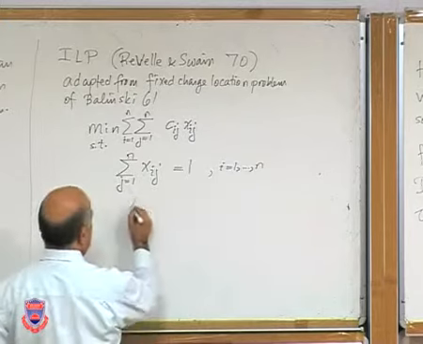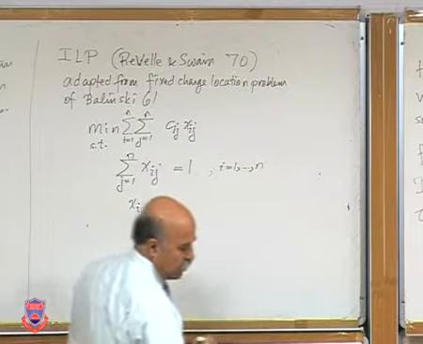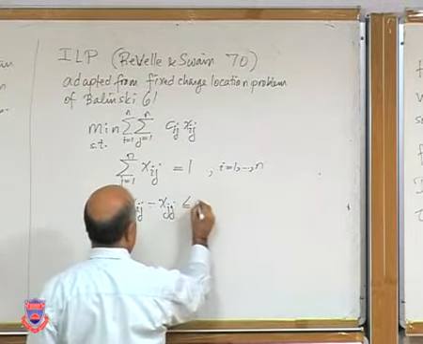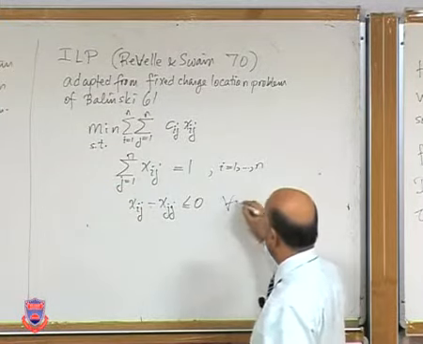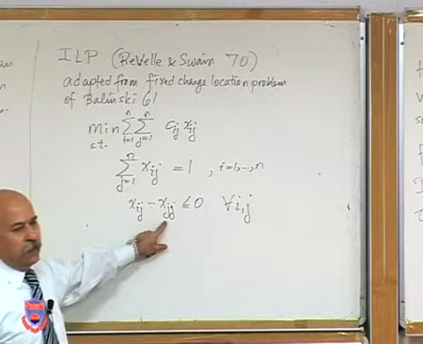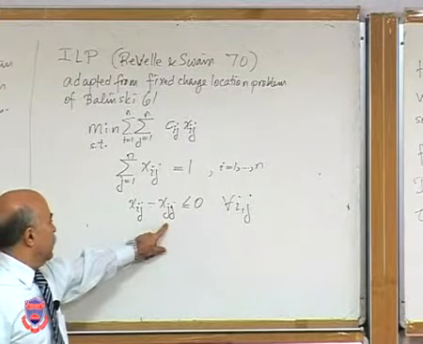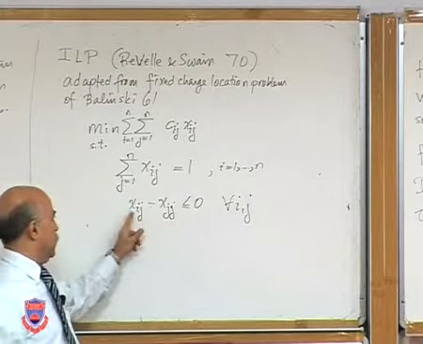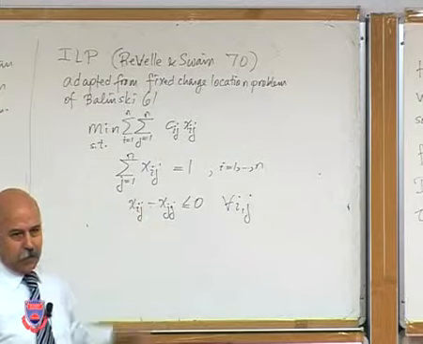And you also have Xij less than or equal to Xjj for each ij pair. Now, Xjj will be 1 if you place a facility at the jth vertex. And if, for example, Xjj is equal to 0, then you cannot assign any i to j. That's what it forces, okay?